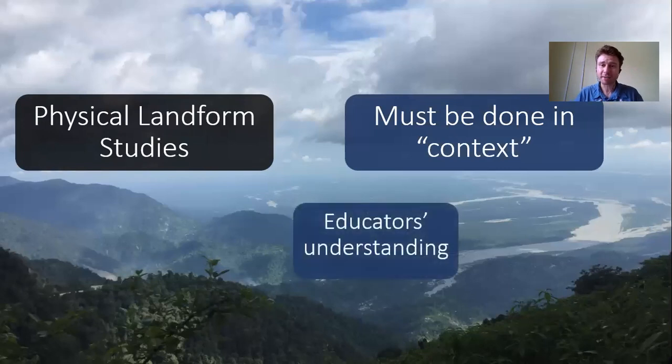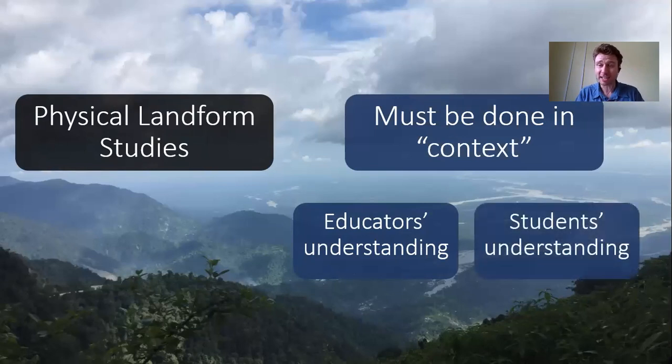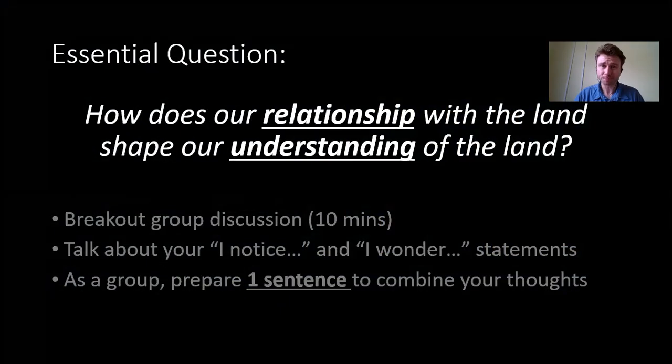We have to think about our understanding as educators, but also about our students' understanding: what's their context and where are they coming from? So my question for you is this: how does our relationship with the land shape our understanding of it?